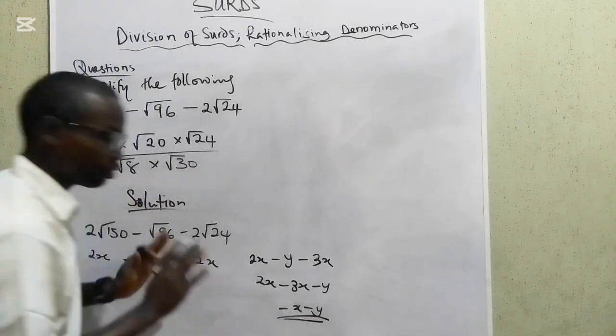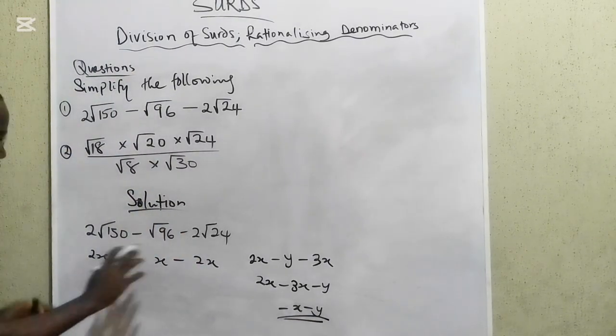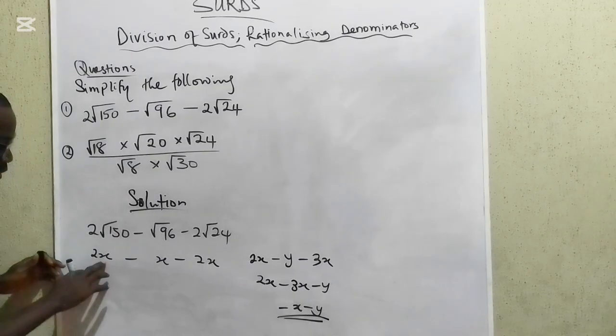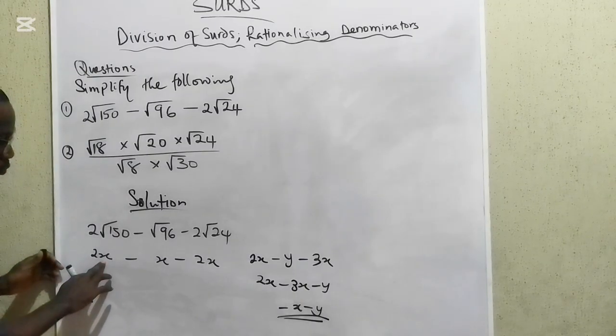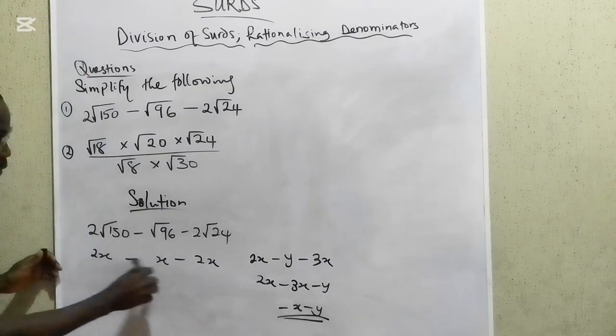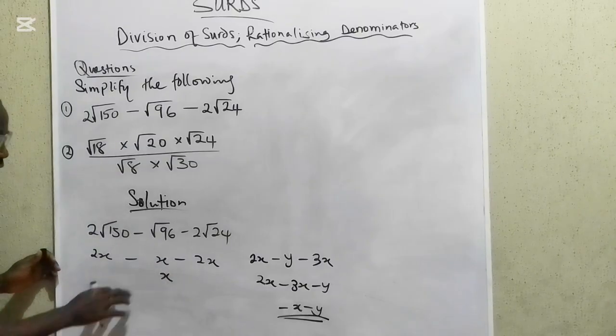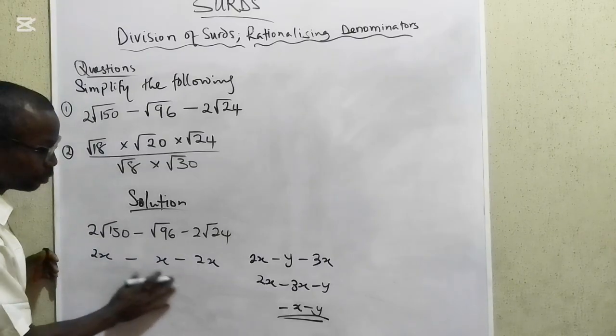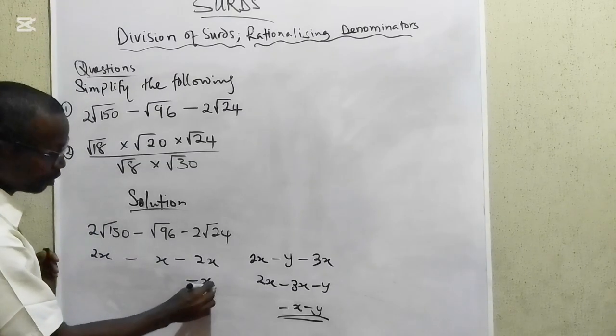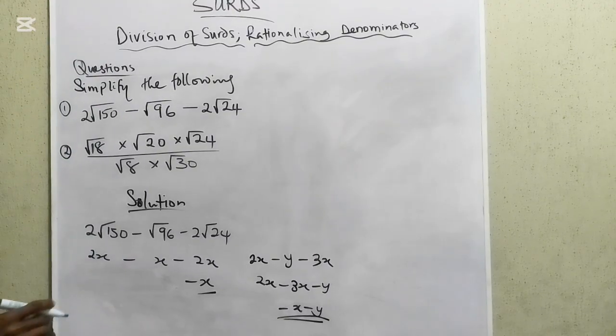That is simplification. You simplify it to drop it. And this one, because they are all the same thing, 2 minus x, 2 minus x will remain x, and then x minus 2 will be minus x. And then you stop. You understand?